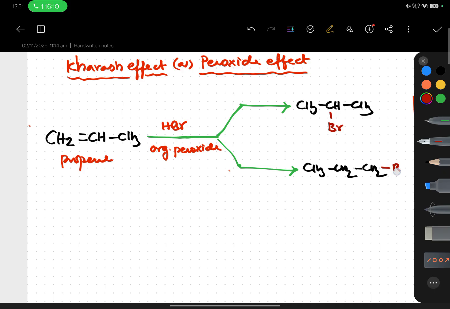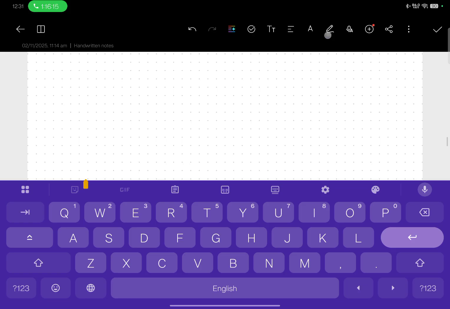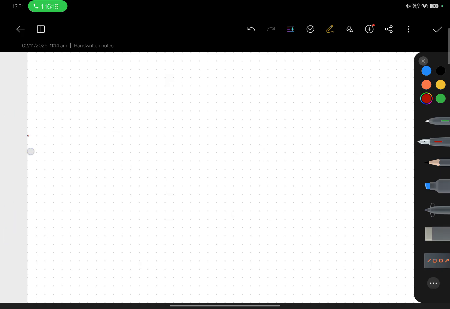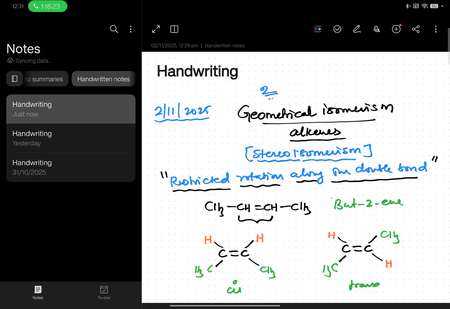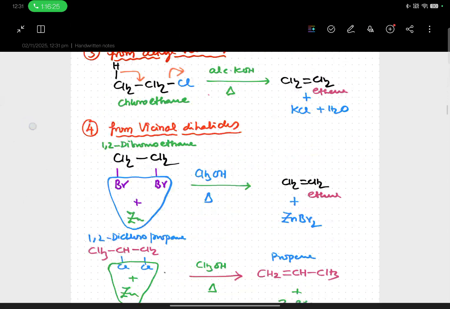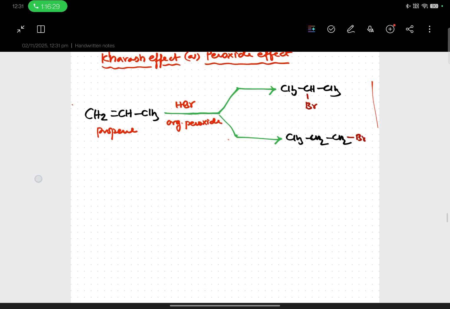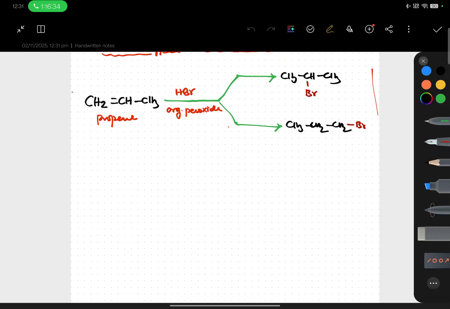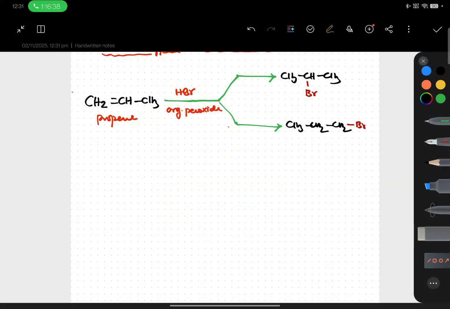So you get 2-bromo or 1-bromo compound. Correct? Yes, sir. So you get both the products. 2-bromo also you'll get, 1-bromo also you will get.